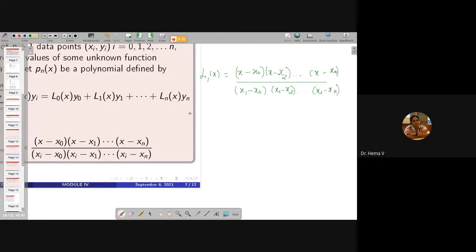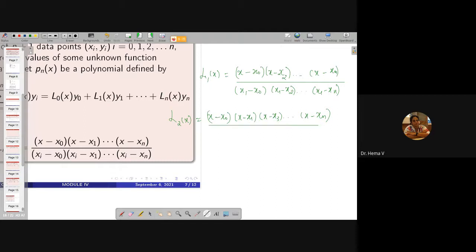Now what about L2 of x? L2 of x means x minus x0 into x minus x1 into x minus x3, etc., up to x minus xn. So here we are skipping the term containing x2 in the numerator.